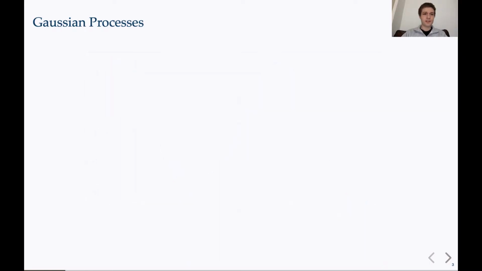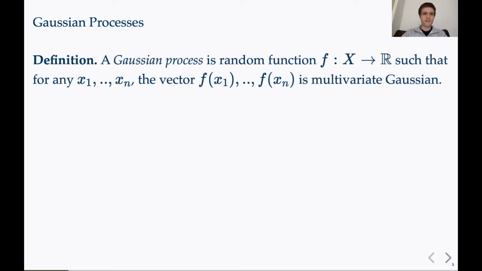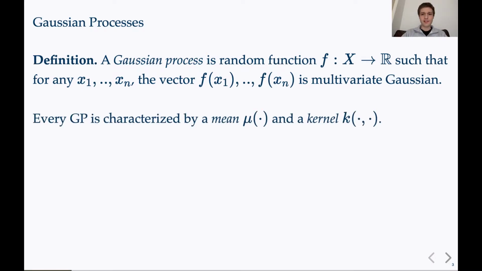The definition is as follows. A Gaussian process is a random function f from X to R such that for any set of evaluation locations, the value of the Gaussian process at those locations is multivariate Gaussian. As a consequence, every Gaussian process is characterized by a mean function and covariance kernel.